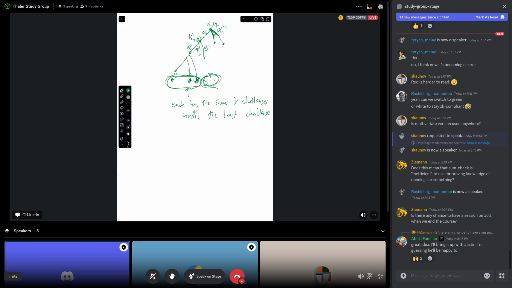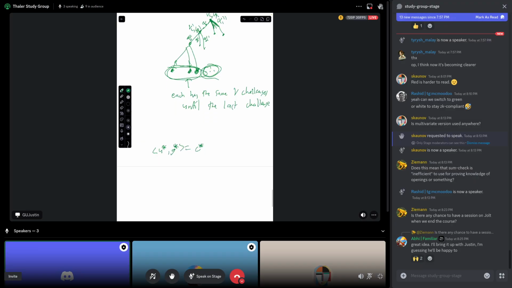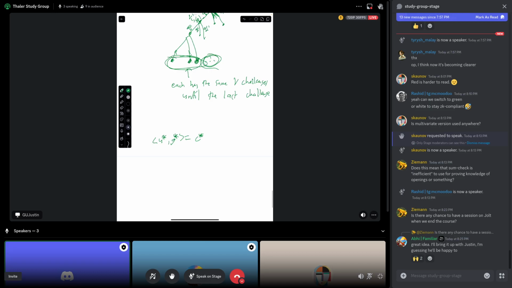Basically, if you just focus on the last round and the prover's claim in the last round of some execution of the protocol, it's that it knows a U star such that U star inner product G star equals some value, right?